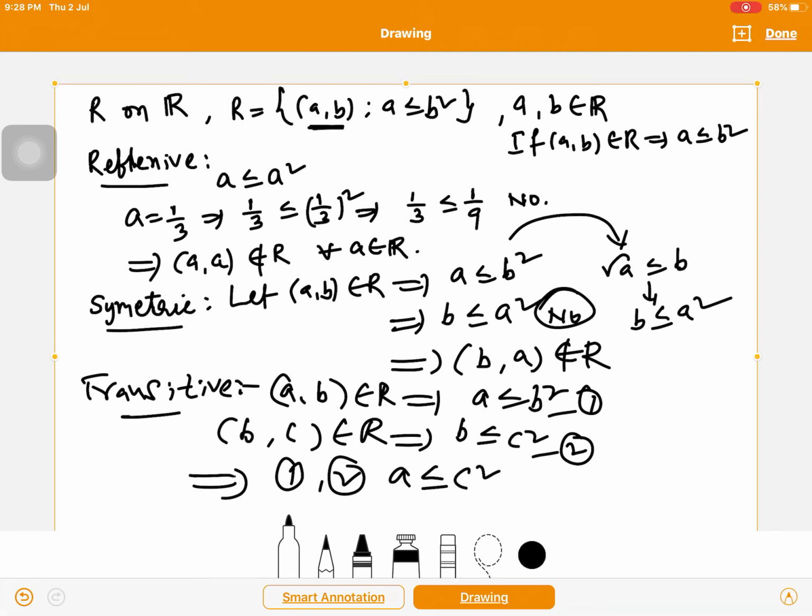No, because a less than or equal to b square is there, and b less than or equal to c square is there. I cannot join these two because here it is b square, here it is b. If it were b square, then I could write a less than or equal to c square, which is not possible, so it is not transitive also. So this is one example of the given relation being neither reflexive nor symmetric nor transitive.